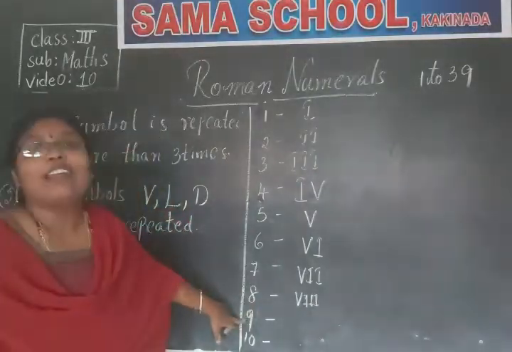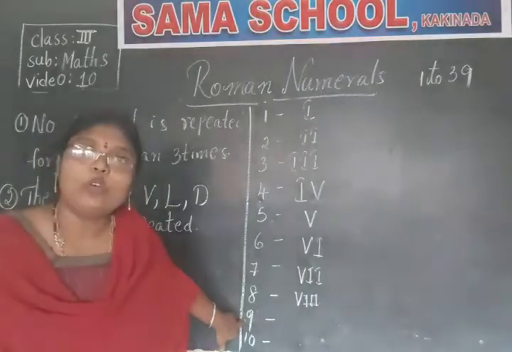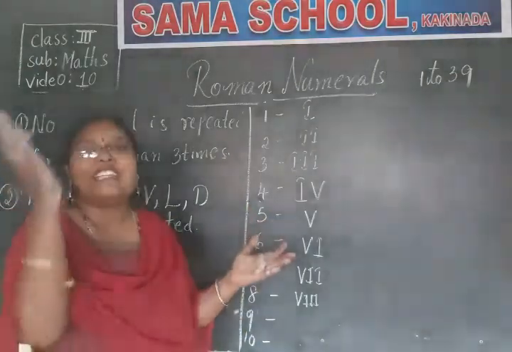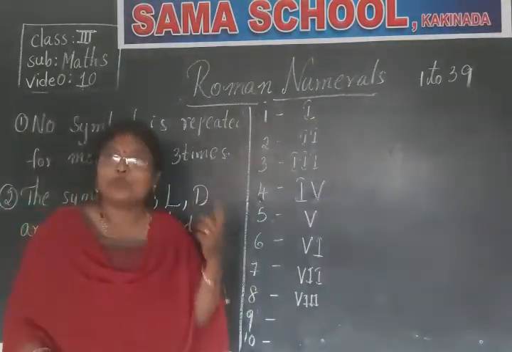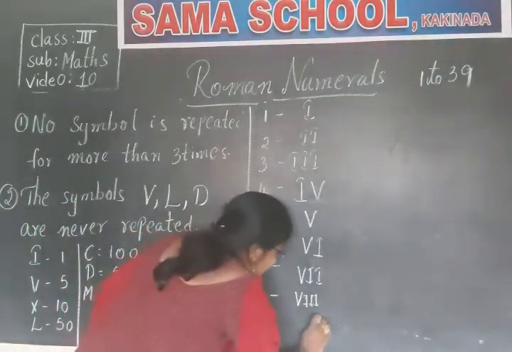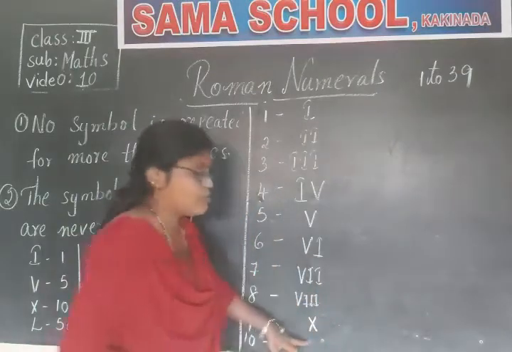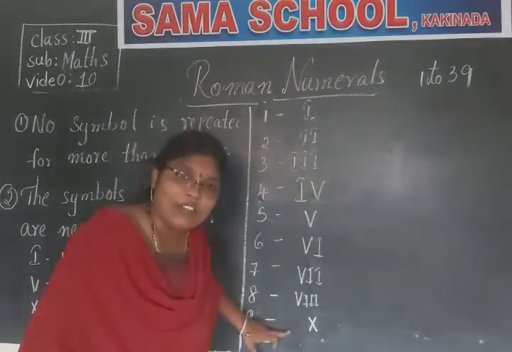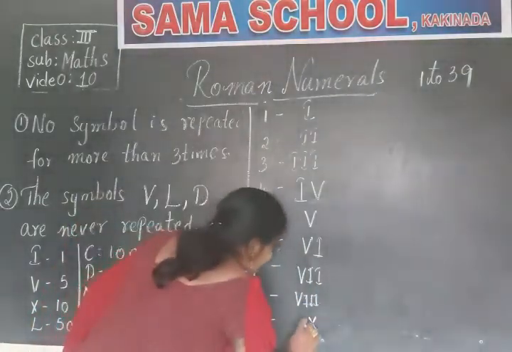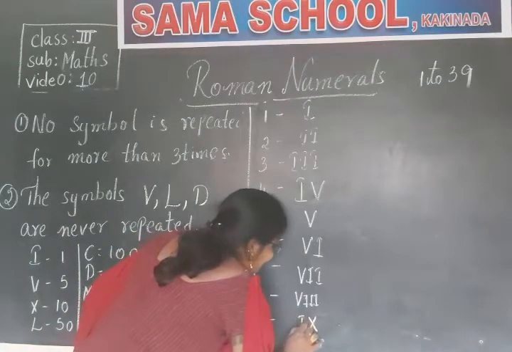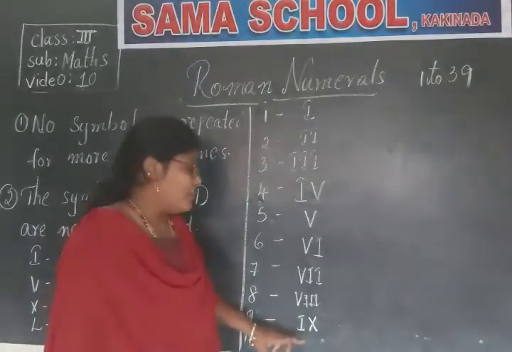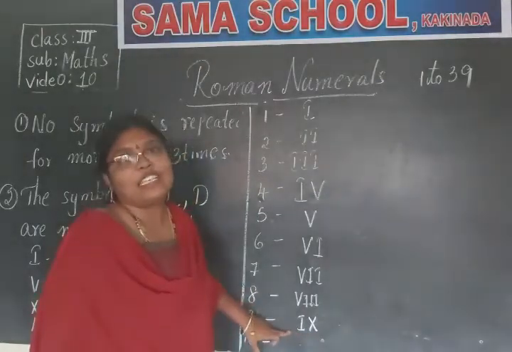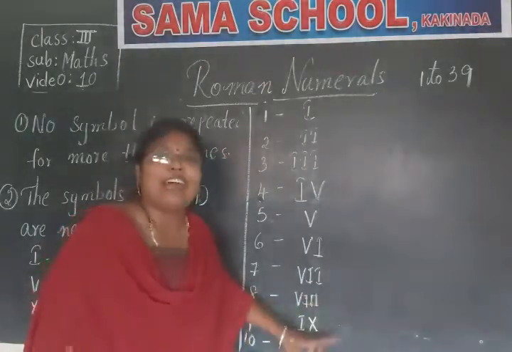But we need 9. So what you have to do? Subtract. Less 1 from 10. That means 10 minus 1. Right. So write X, which is for 10, and to the left of X you have to write I. Okay children, that is IX, which denotes 9. So this is the correct way to write 9.